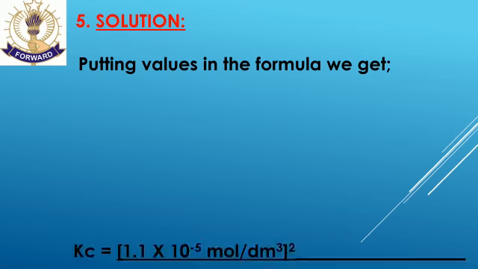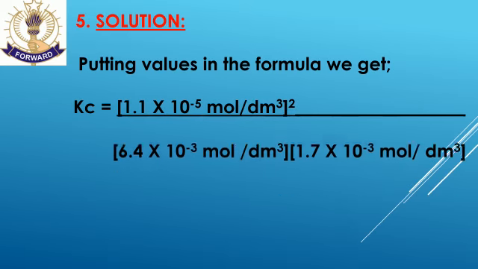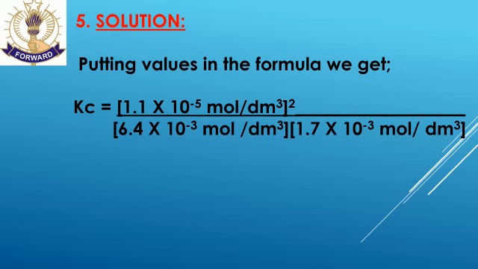Now next step is solution. Putting values in the formula, we get the situation like this. In this case, we have 1.1 into 10 power minus 5 mole per decimeter cube whole square divided over 6.4 into 10 power minus 3 mole per decimeter cube into 1.7 into 10 power minus 3 mole per decimeter cube.